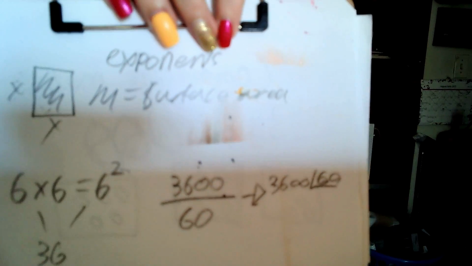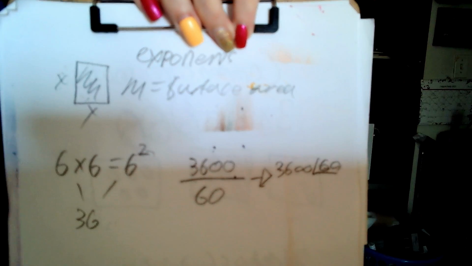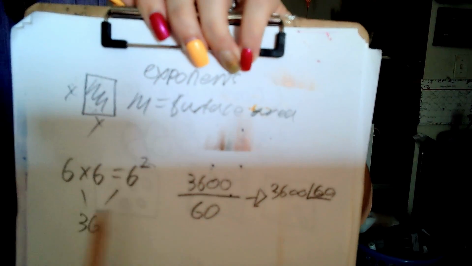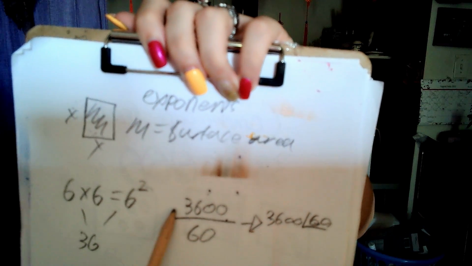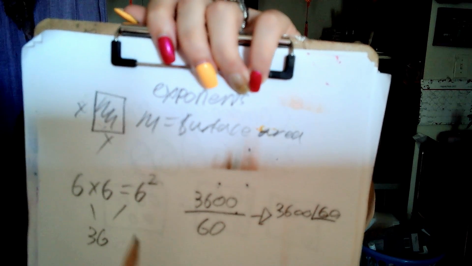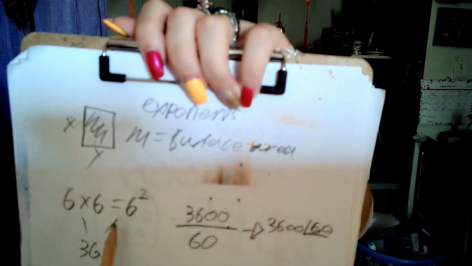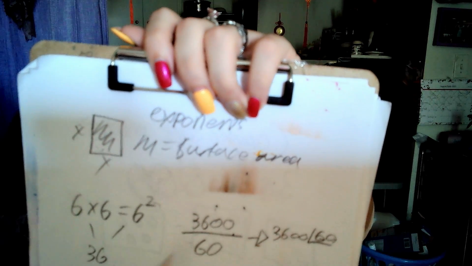Because let's do it. 3600 is what we're going to divide here, but we're going to divide it by our famous 60 right here.